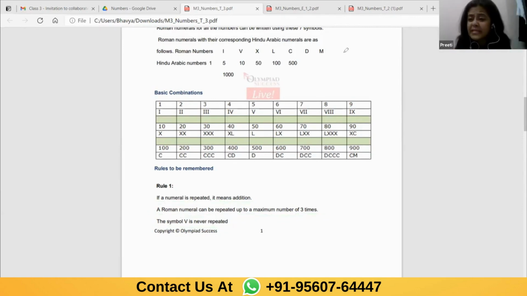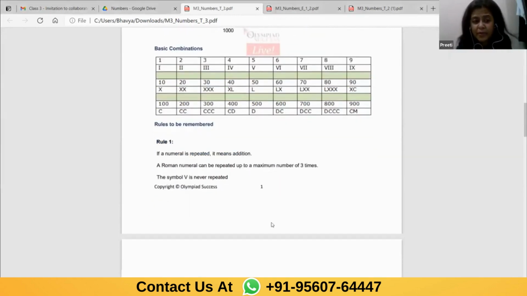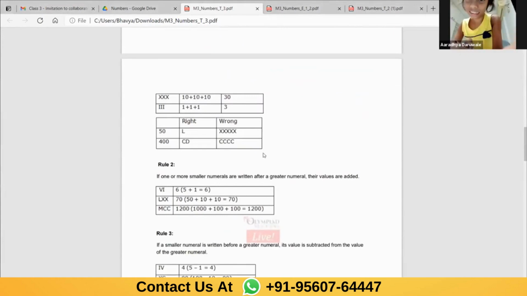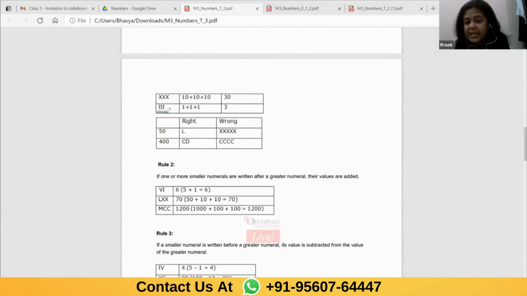We will go step by step. We will not hurry. Okay, I'm not in a hurry, but you should be clear with it. See here, look. If I repeat I 3 times, it becomes III. Just now what Alarika was asking. So the number is 3. If I repeat X 3 times, which is allowed, the number becomes 30.